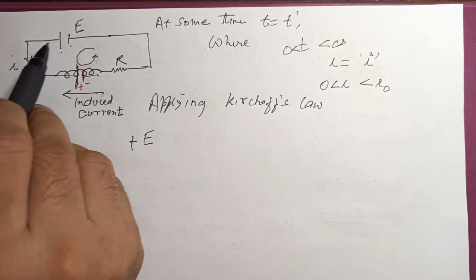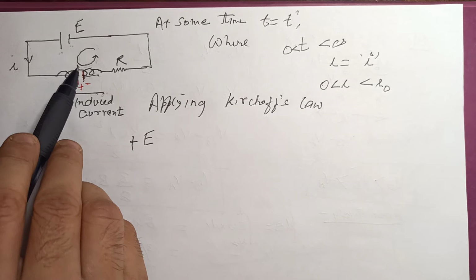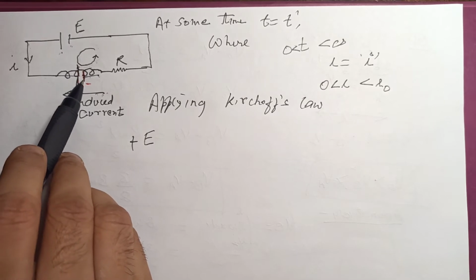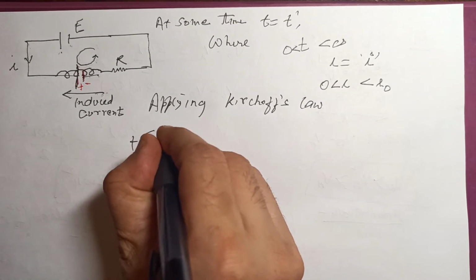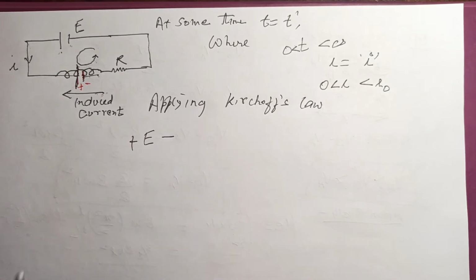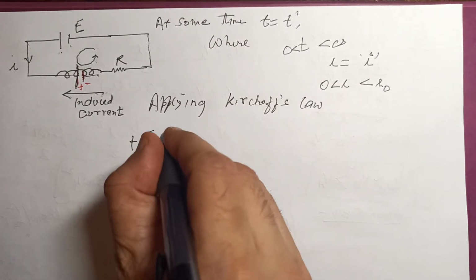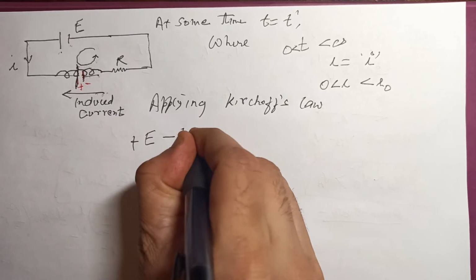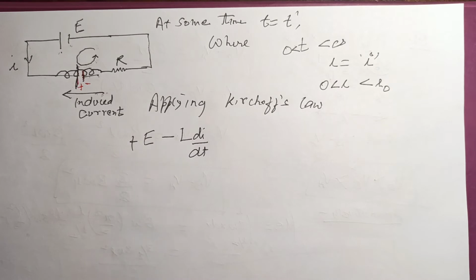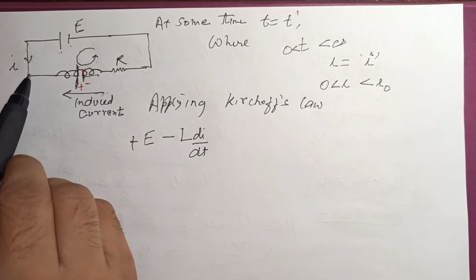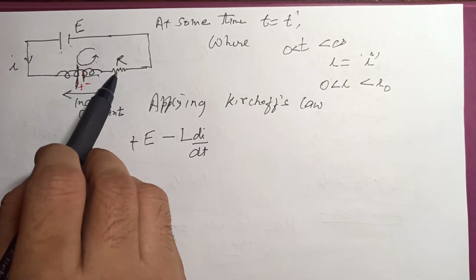Okay. Now coming here, if you see positive is here, negative is here. I already explained why, because the induced current is this way. So it will be minus. Now what we have studied in the previous chapter is L, the EMF value would be L di by dt, correct? Now going forward, the current would be in this direction, correct?